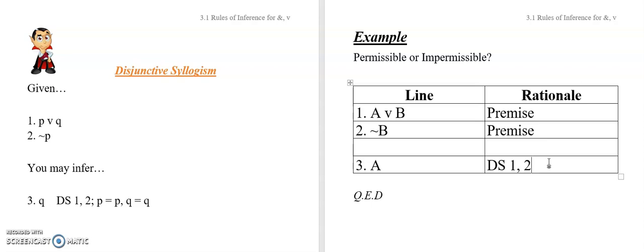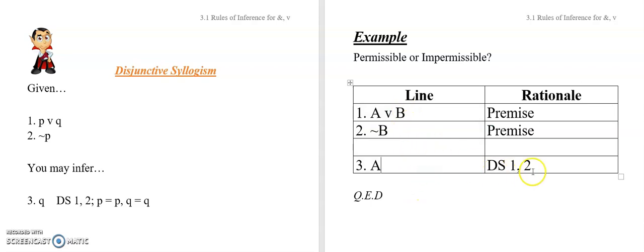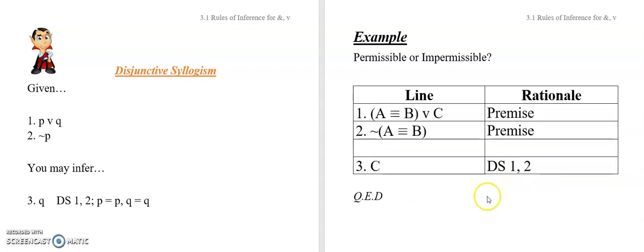Okay, that's illegitimate. It's one side only, okay? So you have to have the negation of the left side, and you're allowed to infer the right side, okay? There is going to be a way to get this syntactically, but in one step with disjunctive syllogism, no, that is not allowed.